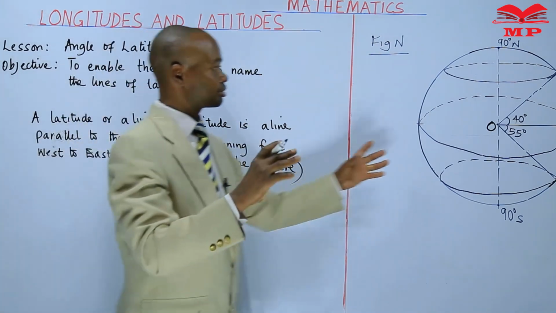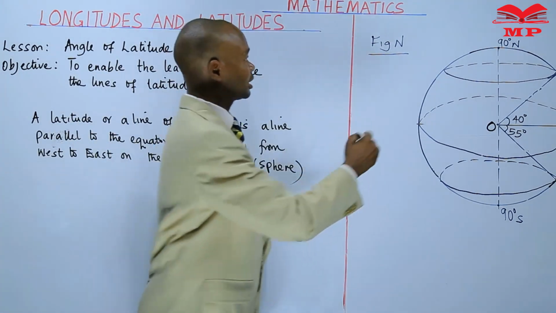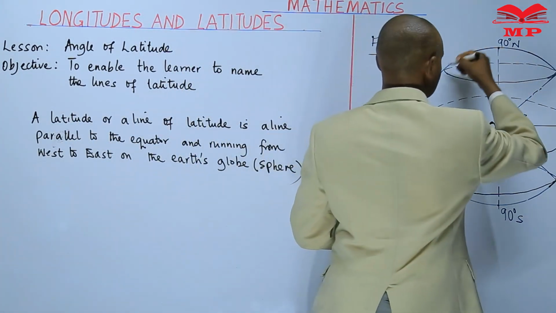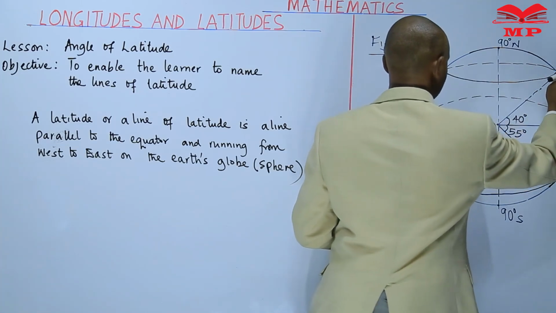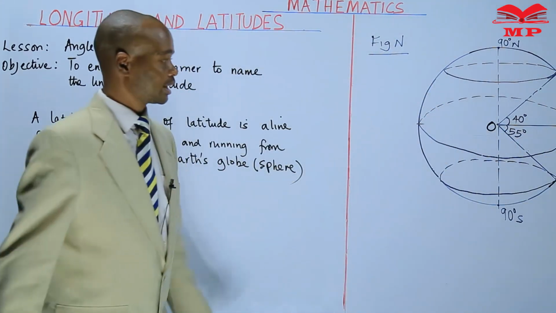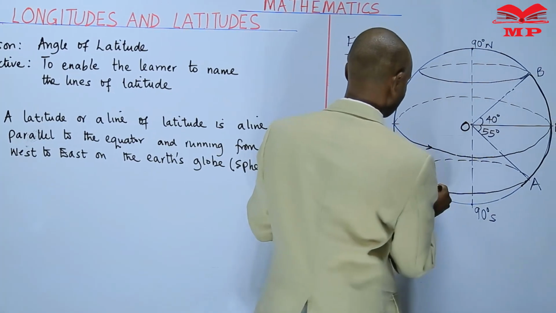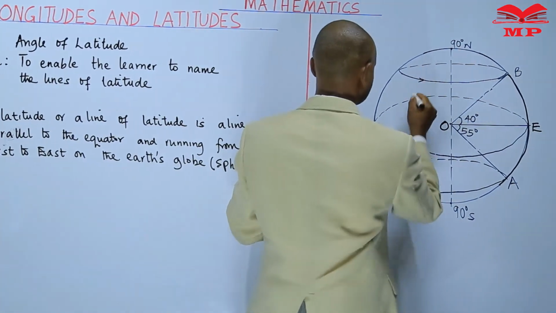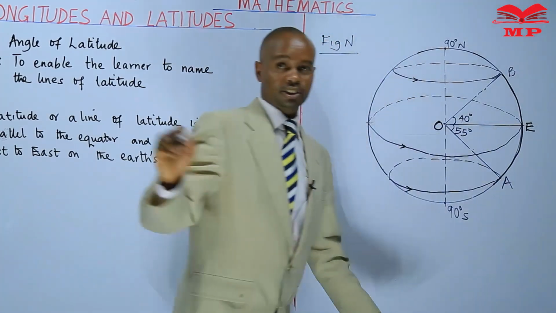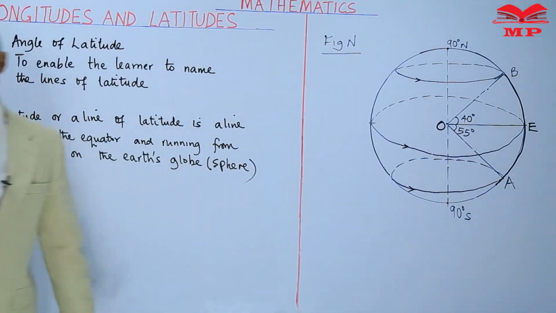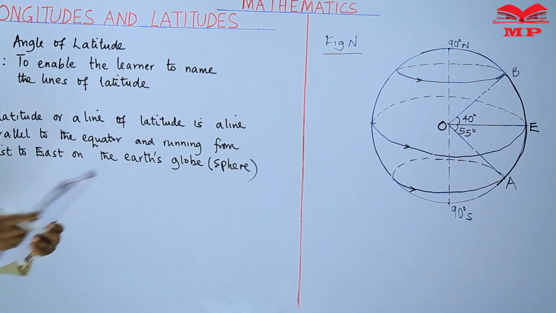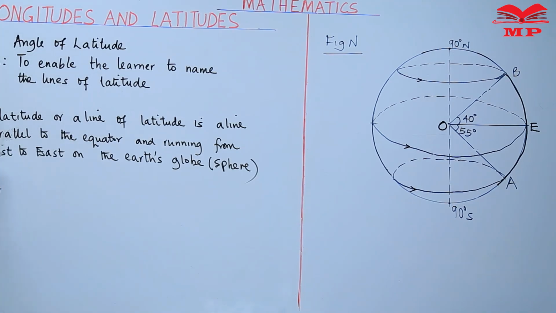So in our case, in figure N, we are interested in this line, on which we find point B. And we are interested in the lower line. You see, it's parallel to the equator, as shown on the globe.